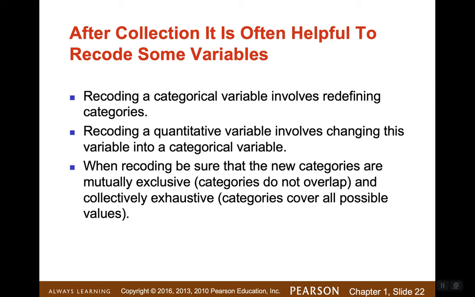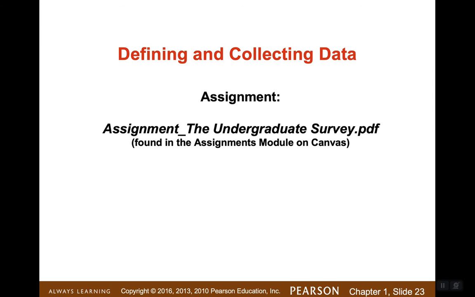So we can recode a quantitative variable and make it into a categorical. The only thing you want to be careful about is making sure the new categories are mutually exclusive, that we don't have any overlaps, and that they are collectively exhaustive, so we cover all of the potential values. And that is it for our first discussion.